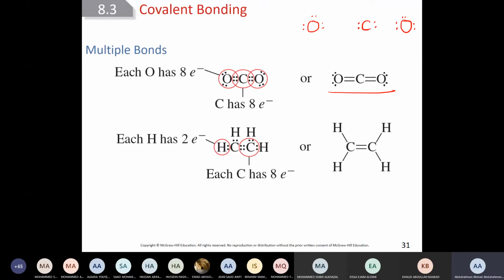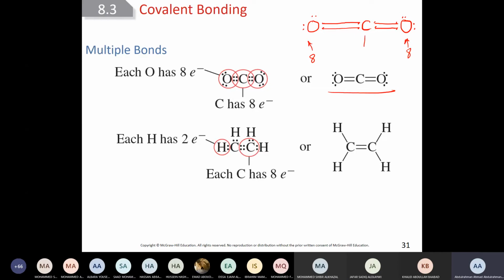How many electrons does the oxygen need more? 2 more, so it will bond with these 2 electrons from carbon. Now this oxygen is satisfied with 8. How about this oxygen? It needs 2 more. So again, it will make a double bond like this, and it will have 8 electrons around it.